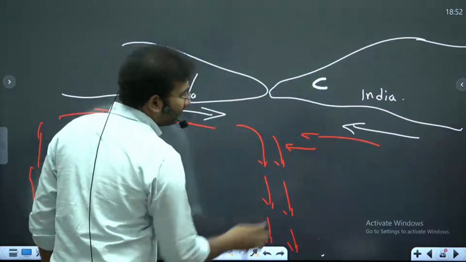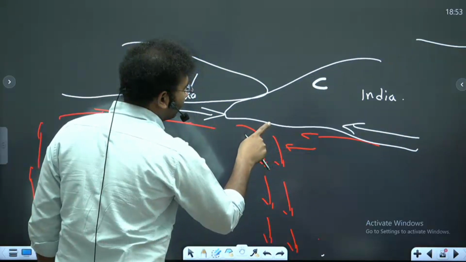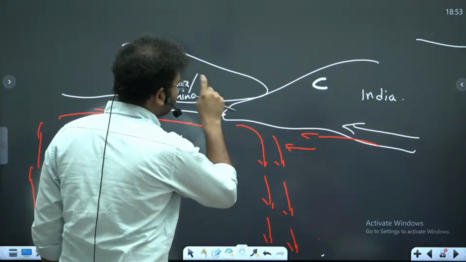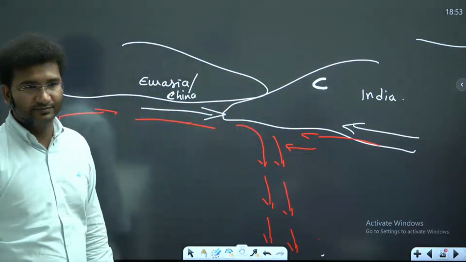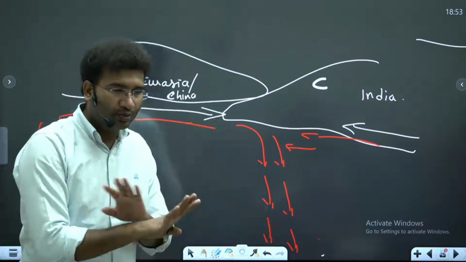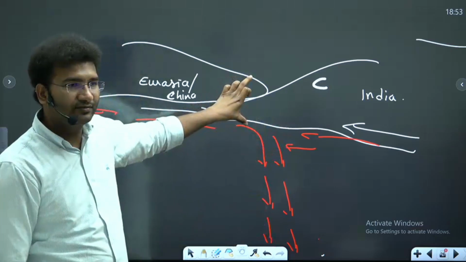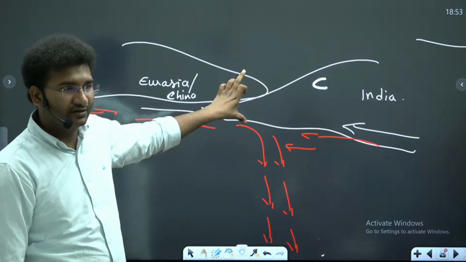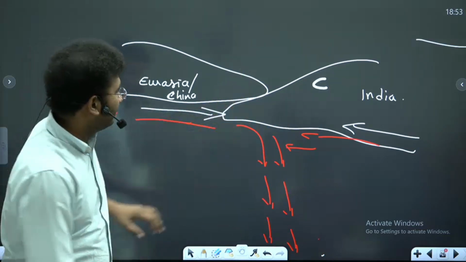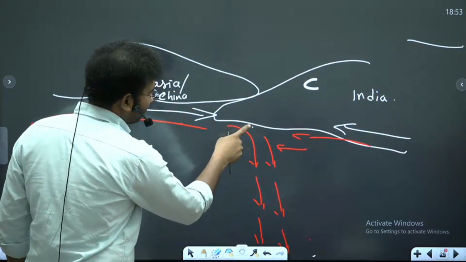But one of the plates went underneath this plate, and this is taking support over the Indian plate. Did the Indian plate sink? No. No sinking, no melting of the Indian plate. But what happened to its thickness? It increased.